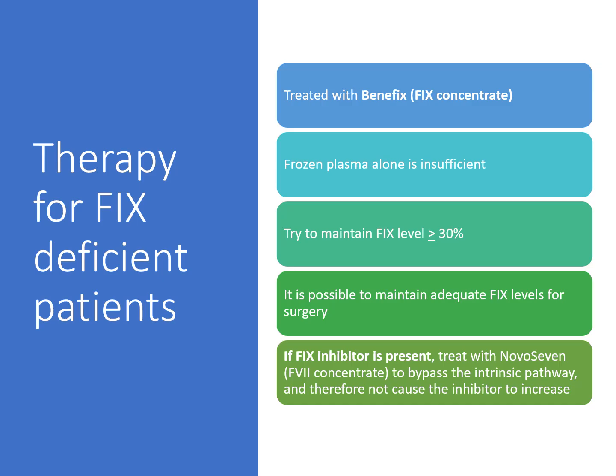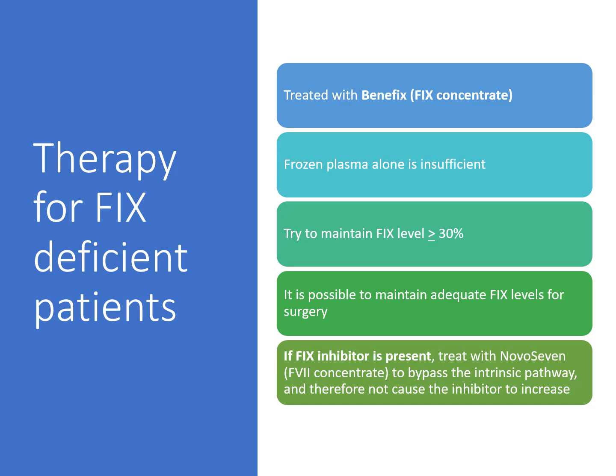If a patient is found to be deficient in factor IX, we can treat with a very specific concentrate called Benefix, which is a factor IX concentrate. I always tell students one easy way to remember the difference between the factor concentrates for factor VIII and factor IX: Recombinate ends with the sound 8, which is a factor VIII replacement.